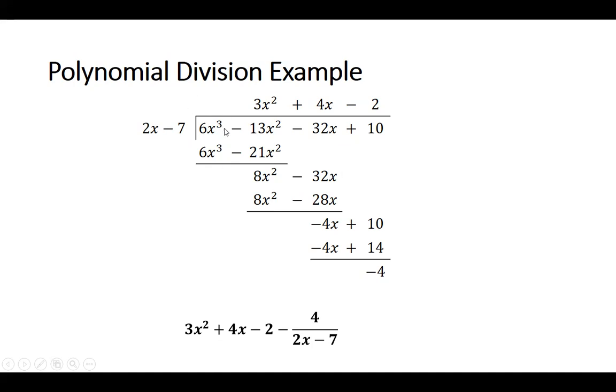Also, because we're keeping our place values or our terms in line, writing x cubed, x squared, x, and obviously there's no x to the 0 there, but writing all of those is superfluous. We know, since we're including from the largest degree to the smallest degree, going down to the constant term, that we have the x to the 0 term, then the x term, the x squared term, the x cubed term.